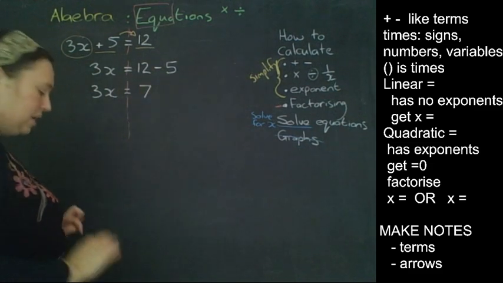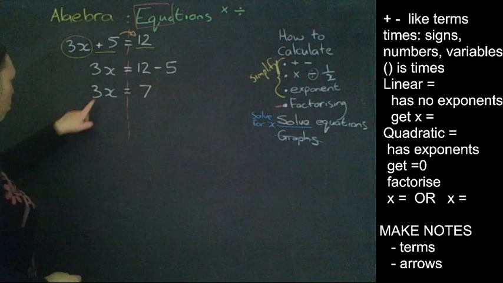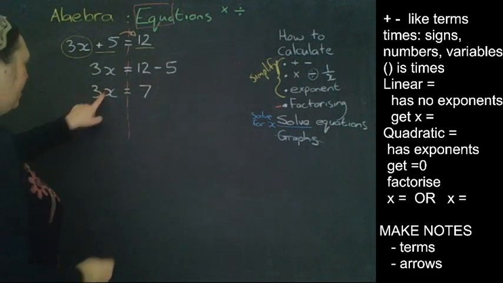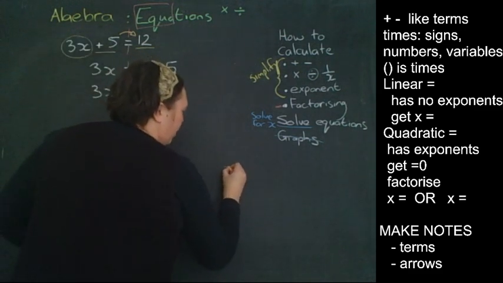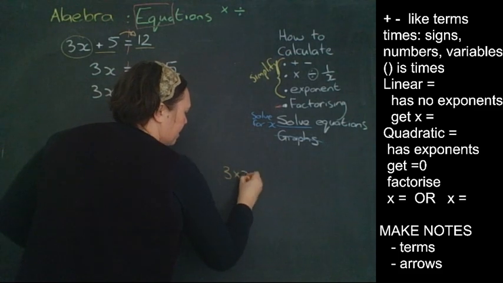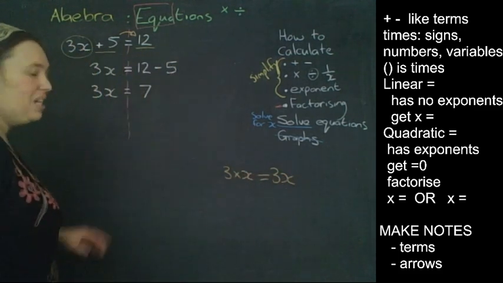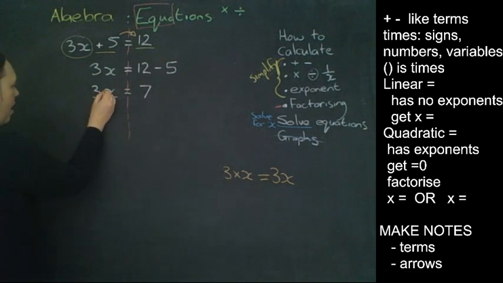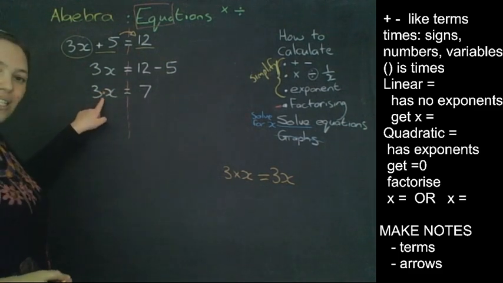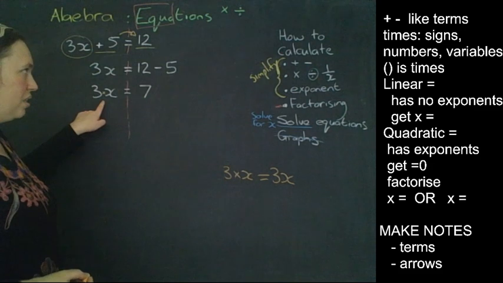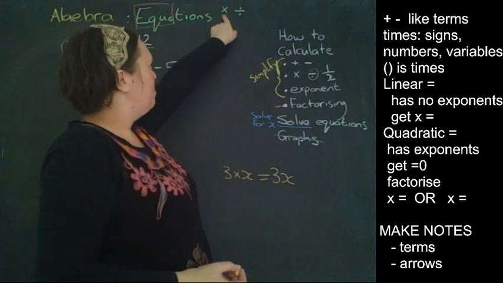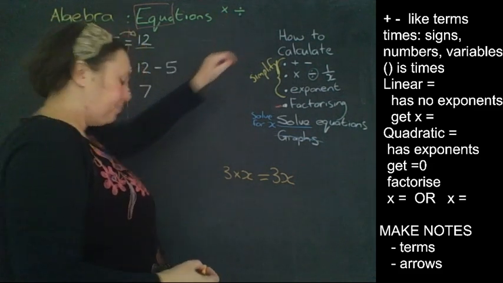Okay, now what does this mean here? If we have 3 times x, our answer is 3x, which means this is a times. So what's the opposite of a times? Opposite of times is divide. They go together.